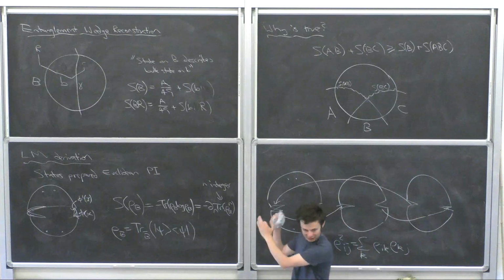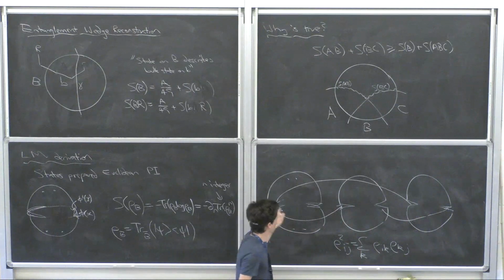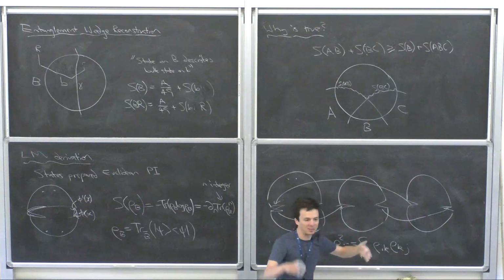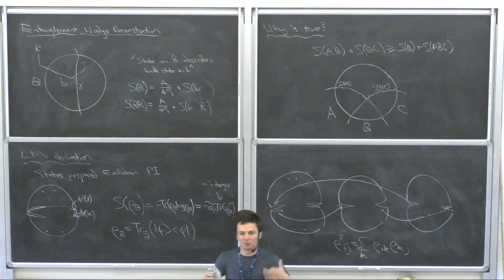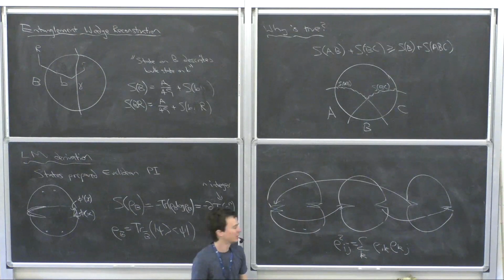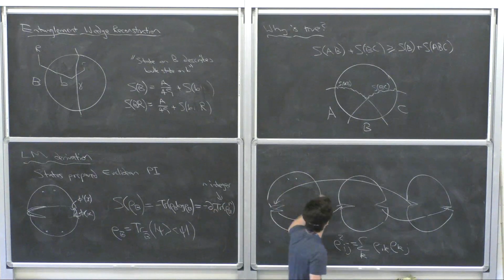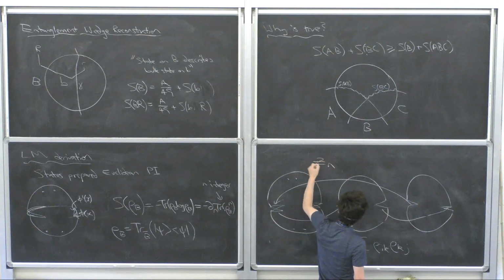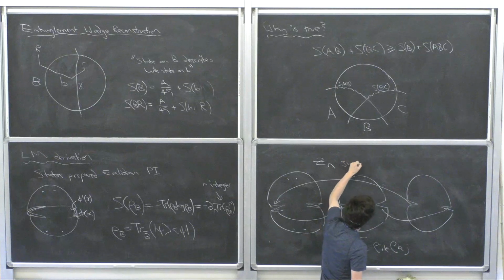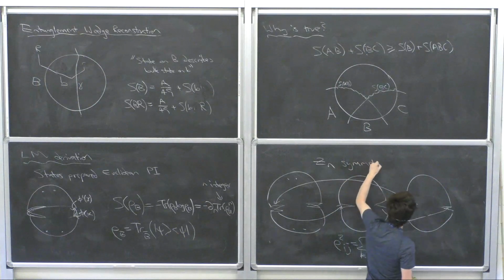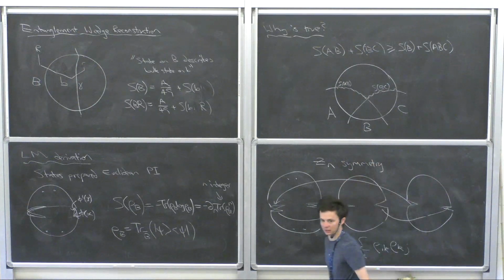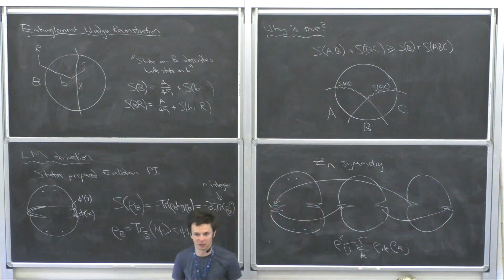If I do that thing, shift them all around in a cycle, then all the gluings are the same, all the spheres look the same because they all came from the same row, and so the full path integral is just the same thing. Okay? So we can do that as many times as we want. So this gives us a Zn symmetry that's related to cyclically permuting the n copies of our system.